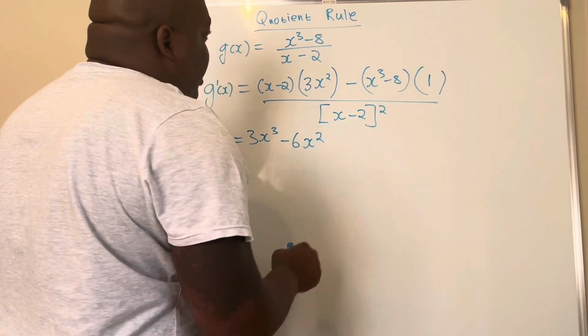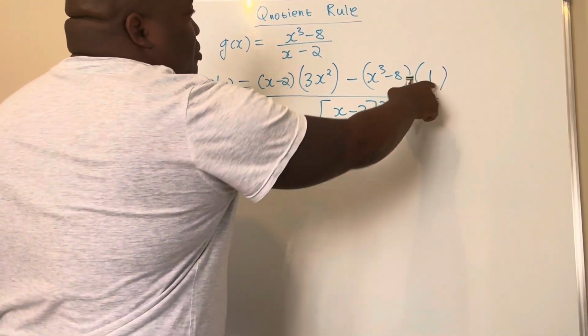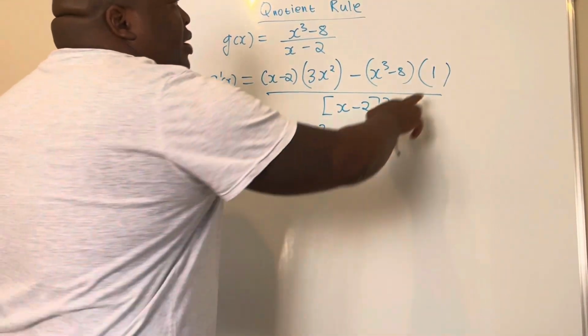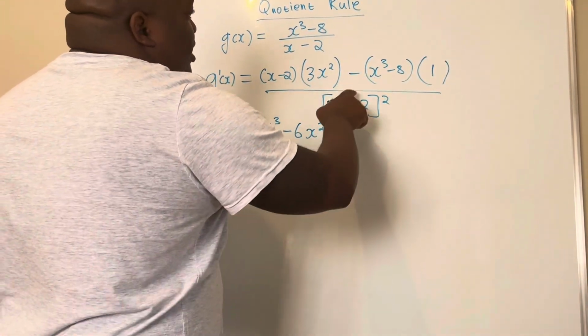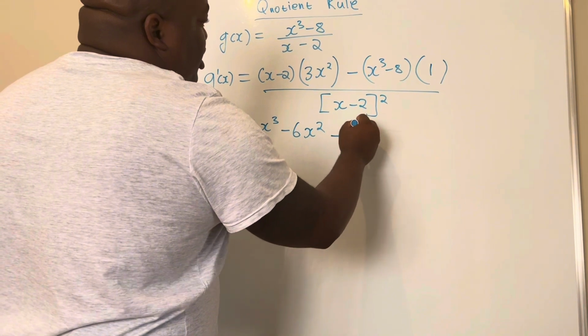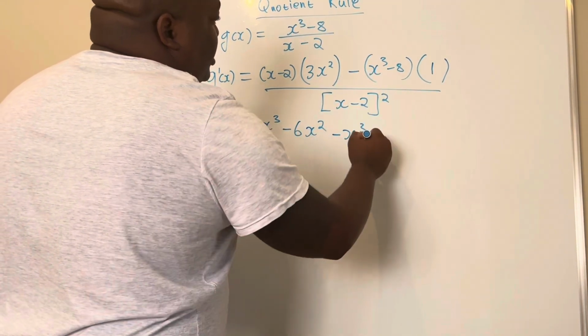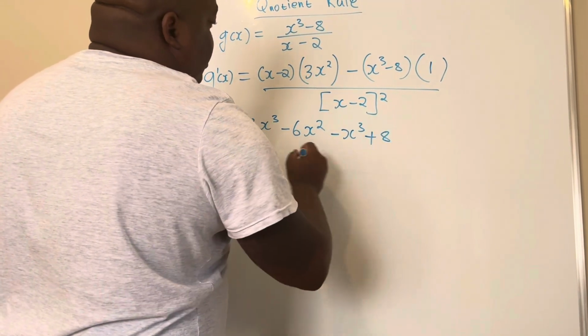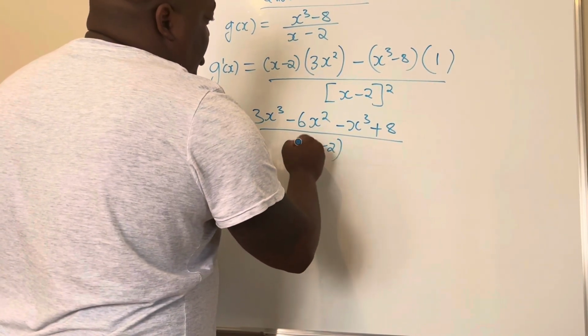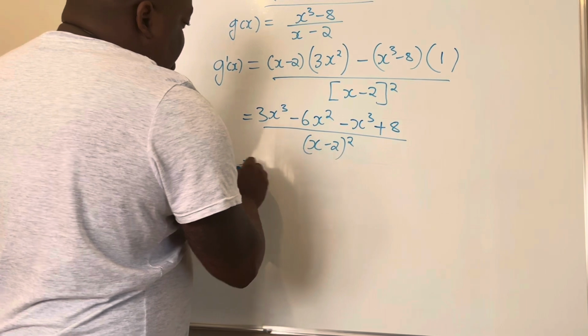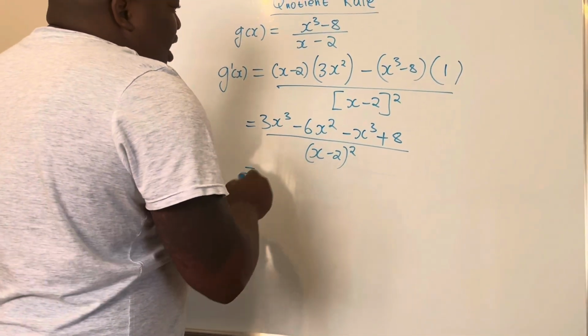Then we move to the next one. We have a minus multiplied by the 1. So it will just remain the same. Now we multiply by the negative, we'll have negative x cubed, negative times negative, which is positive 8, all over x minus 2 all squared, which then becomes, do we have any like terms?